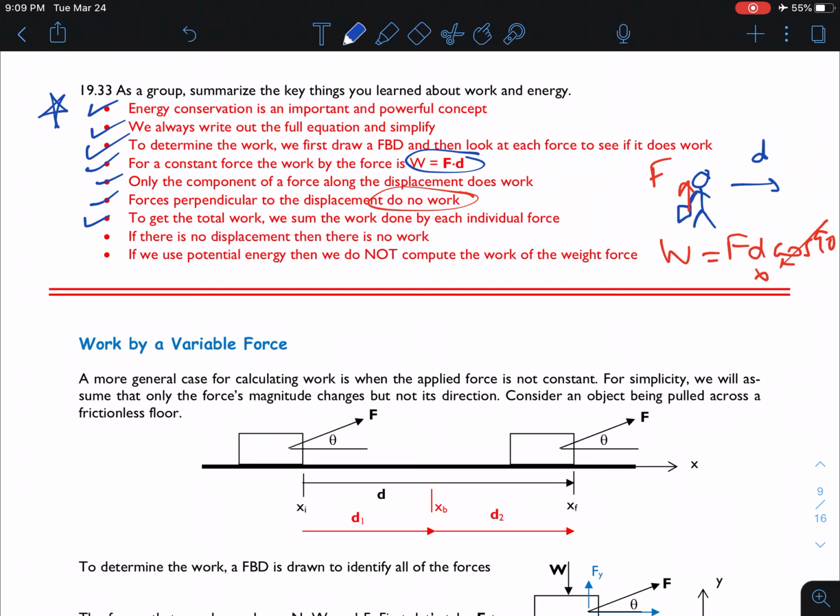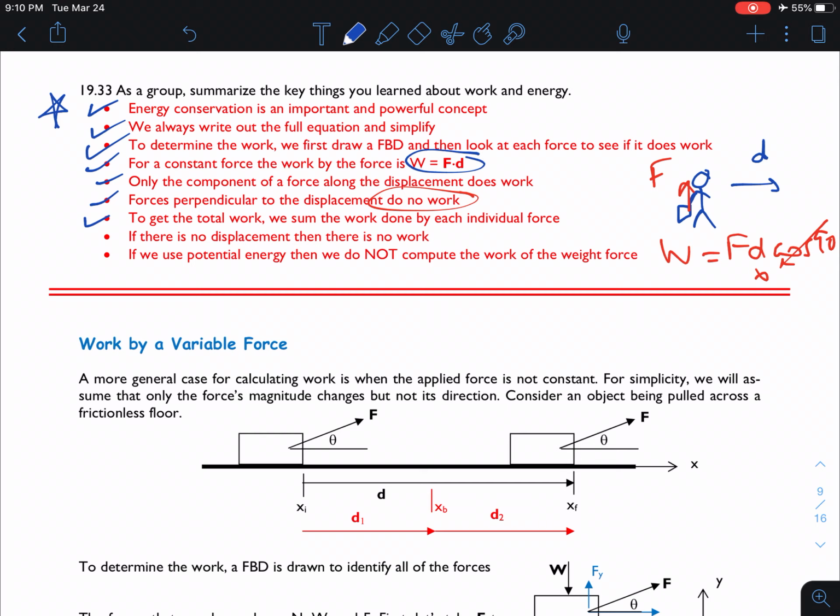If there's no displacement, then there is no work. Think about this case again: you are holding a really heavy bag, but you're not moving. You feel like you're trying hard to hold the bag, and you're going to get tired, but it doesn't mean that you are doing work. You just have to check the equation F dot D, which is F, D, and cosine theta.